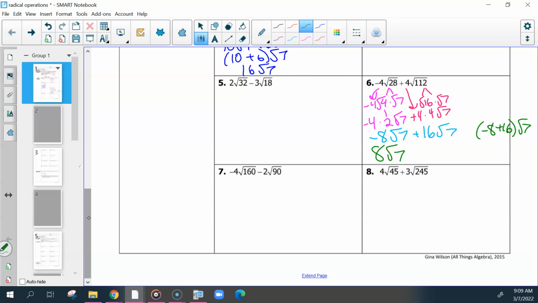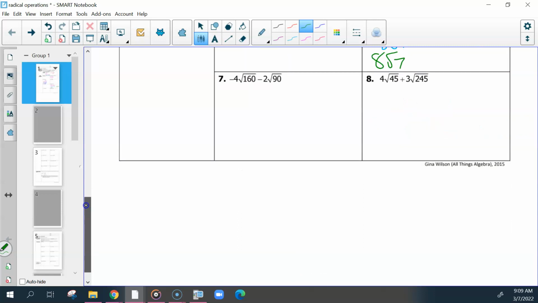Do we want to do 7 or 8 or move on to the next page? Seven. Again, we have to simplify both.